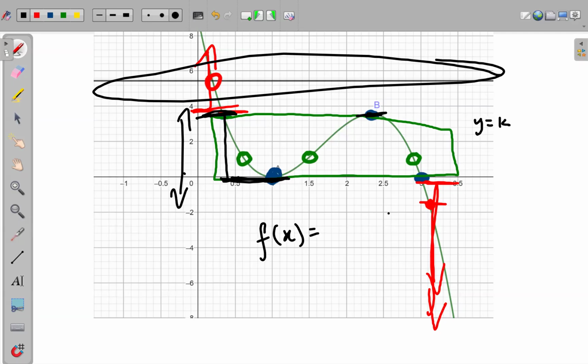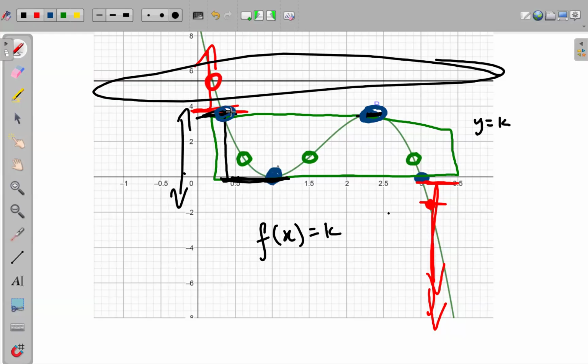I could change the question and say, what will be the values of k for which the equation f of x equals k will have 2 roots? If I ask for 2 roots, then I'm simply asking you to give me the y value of the turning point, because in this case, the y value of the turning point ensures that the line y equals k touches the graph at the turning point B, but also at another point there.